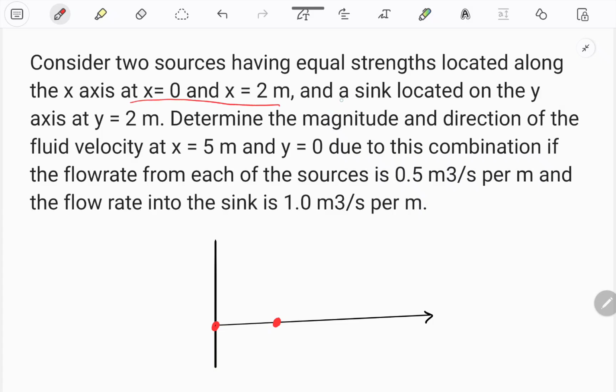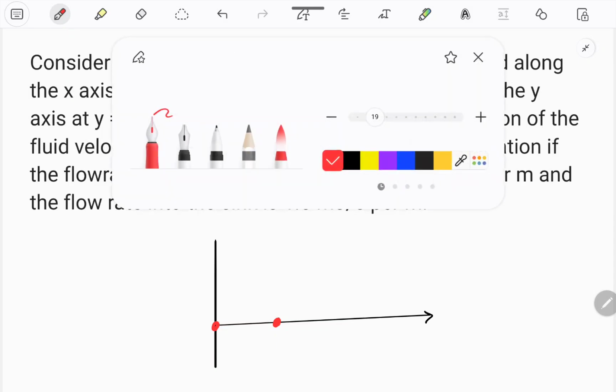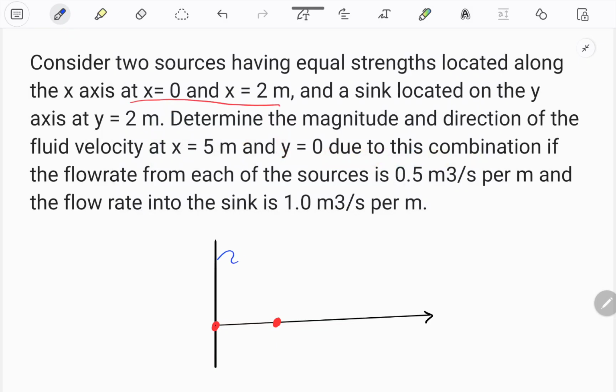These and the sink located at y equals 2. So somewhere here there will be a sink. I'll make my sink crosses, right? And then determine the magnitude and direction of the fluid velocity at x equals 5.